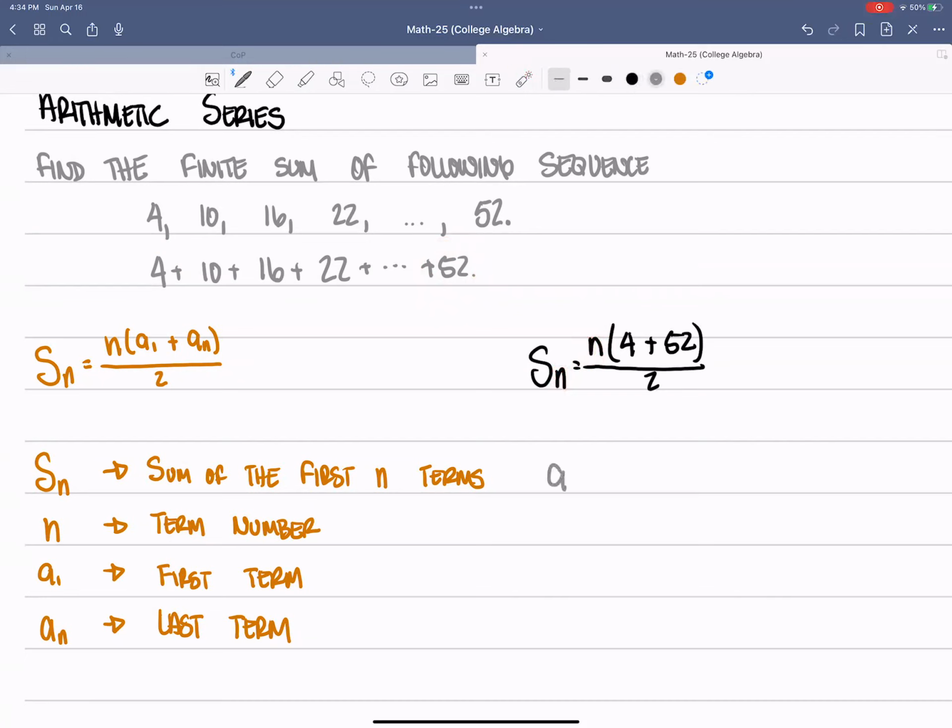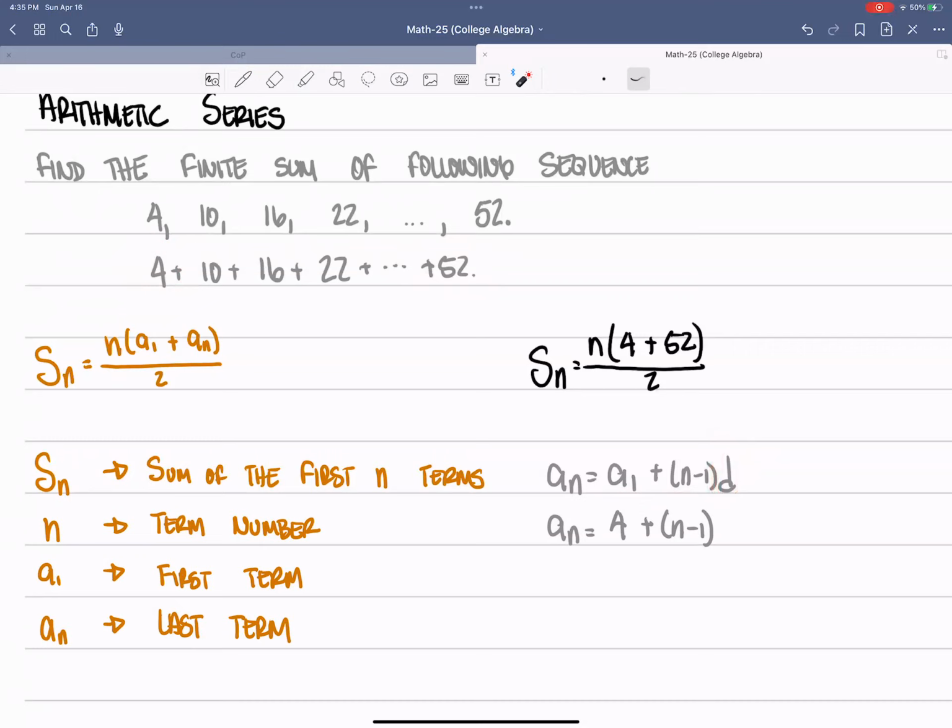So we have a sub n is equal to a1 plus n minus 1 times d, the arithmetic sequence formula. a1 is the first term, so we're grabbing that. For n minus 1, we don't know what n is yet, so we just leave that. And d is our common difference.